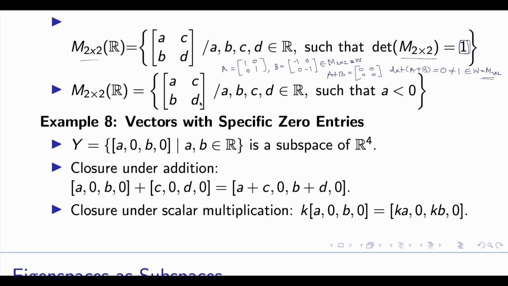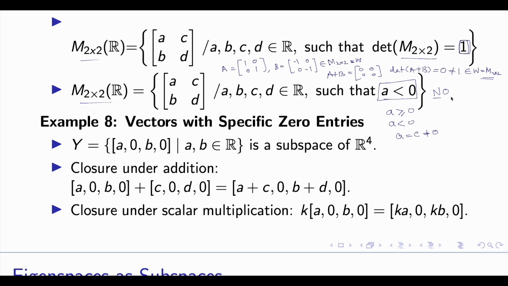Okay. So this is not closed under vector addition. Similarly, if you see the second one, [a b; c d] such that a, b, c, d belong to R, such that any entry is less than, say a greater than or equal to 0, a less than 0, or any entry is going to be a fixed constant, a equal to some constant c not 0, then these all are not going to be a vector subspace.